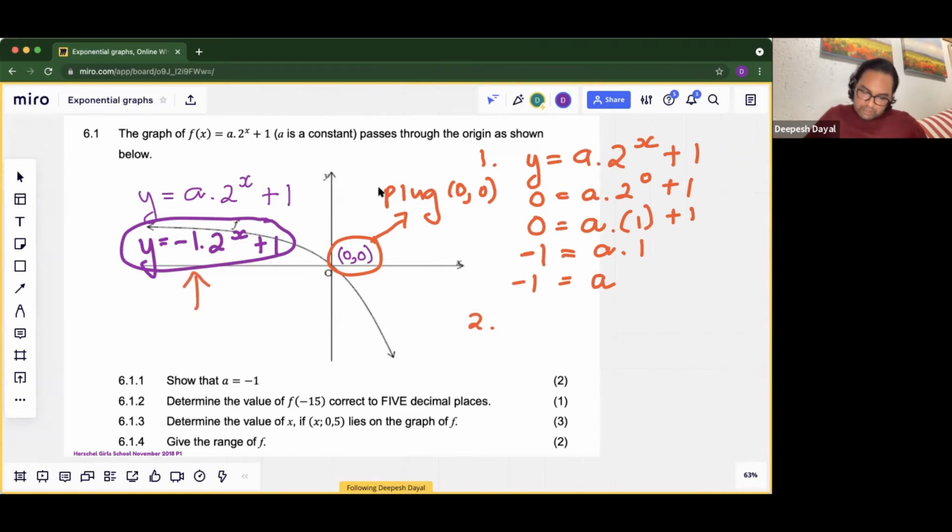In the place of x, you're going to plug in -15. So take your calculators out. So it's going to be -1 times 2 to the power -15 plus 1. What answer do you get? Just type it in the chat because it's quite long. And let me know what you get. Correct to 5 decimal places.